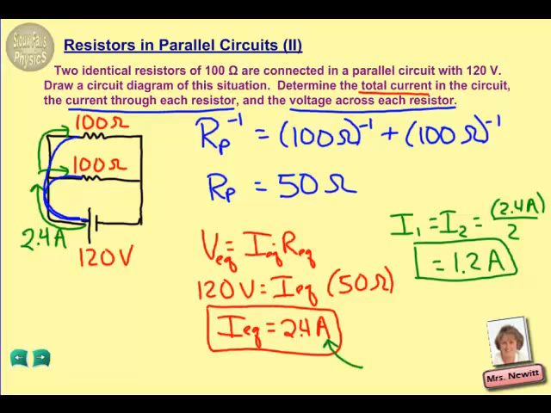The same thing is true for this resistor over here. So both resistors get to take advantage of the full voltage of the battery. So that means that both voltage 1 and voltage 2 are equal to the total voltage amount, which again is 120 volts.